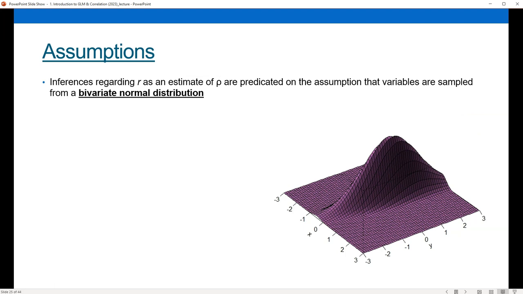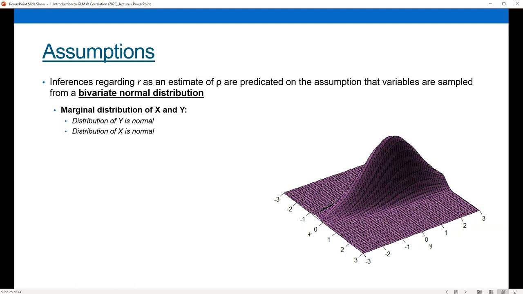Some properties to keep in mind with the bivariate normal distribution, some assumptions, okay? Our assumptions for something to meet criteria for a bivariate normal distribution: first thing that we're going to be concerned about is making sure that the marginal distribution of X and the marginal distribution of Y is normal, okay?